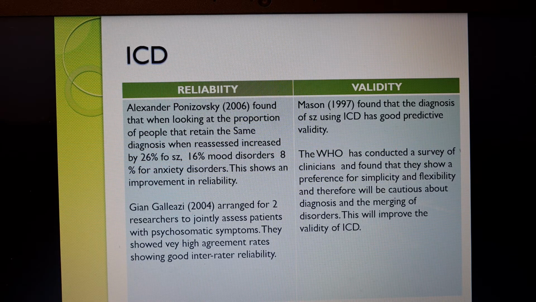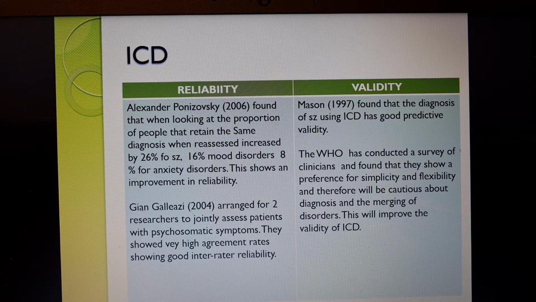So what that's saying is the first time they tested or diagnosed people, the percentage was very low. Then the second time they were reassessed, those patients did reach a diagnosis, with an increase of 26% in patients. So again, that does show that we are kind of getting better at detecting and diagnosing.